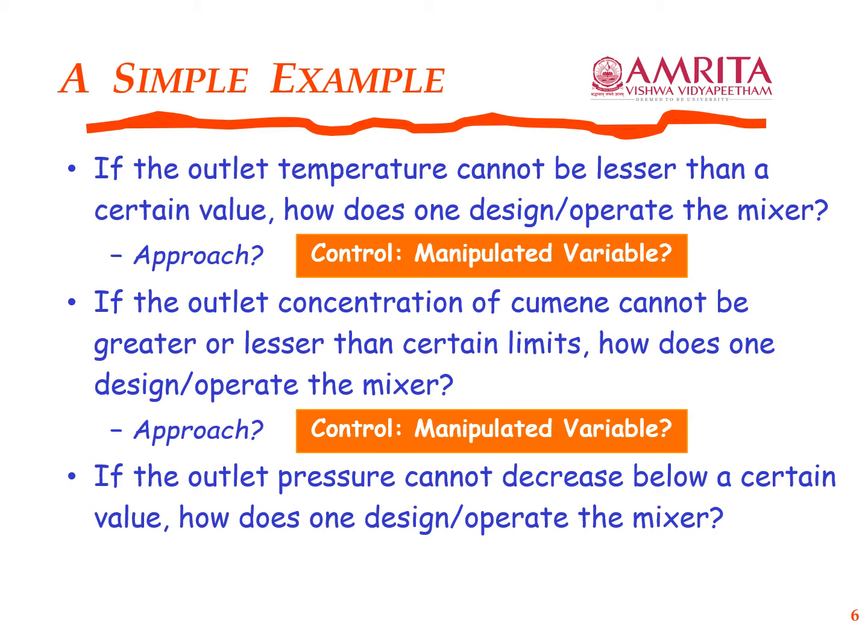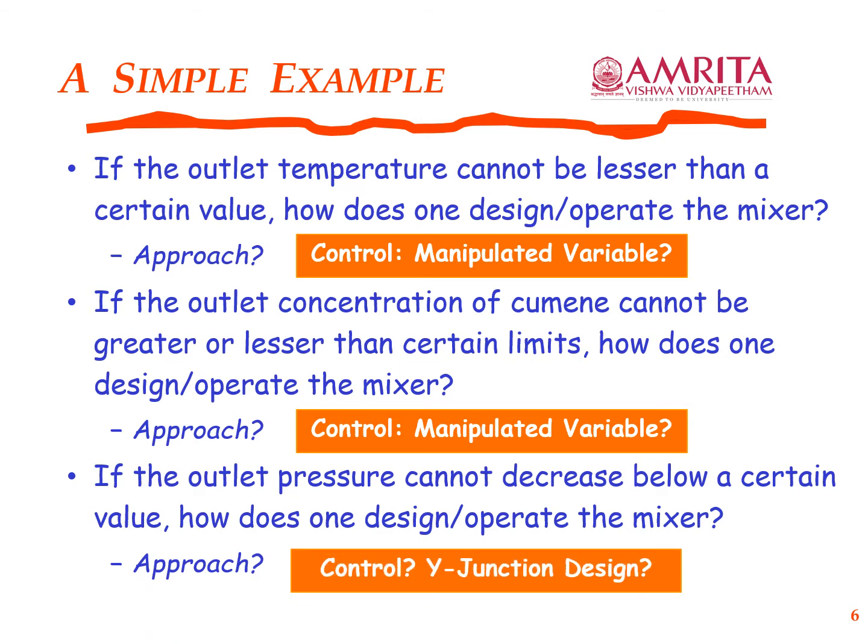Now, if the outlet pressure cannot decrease below a certain value, how does one operate the mixer? This is again another constraint on the pressure, one of the operating process variables. How do you design again? What is the manipulated variable?